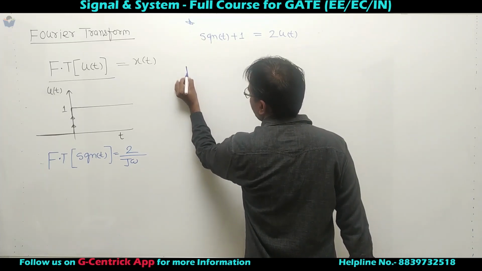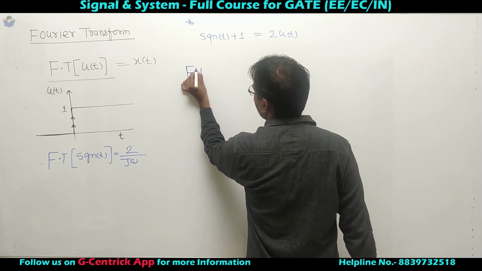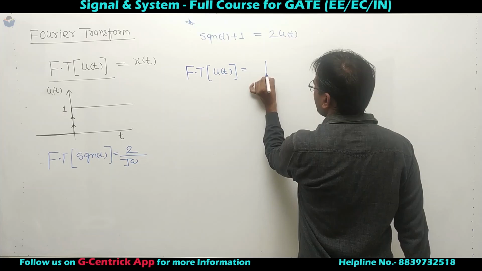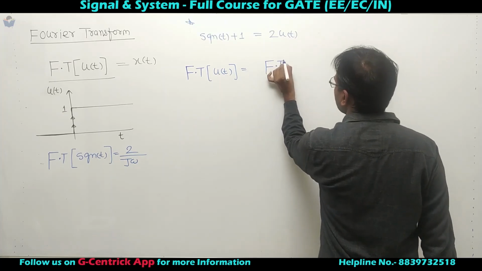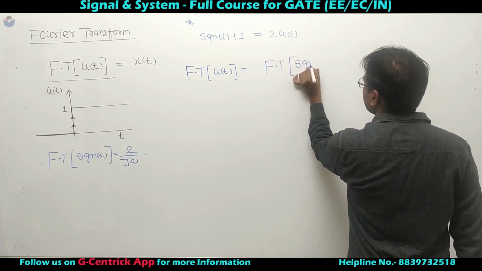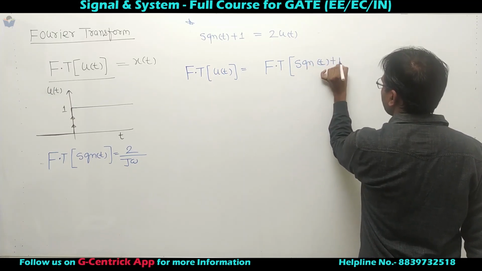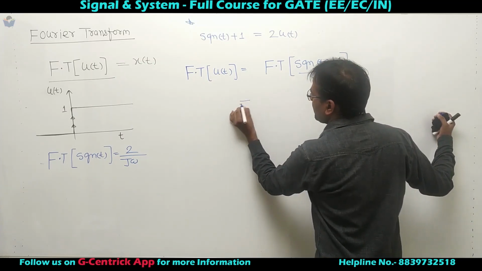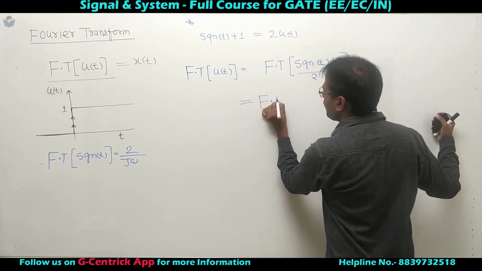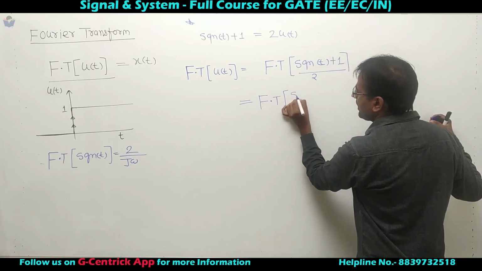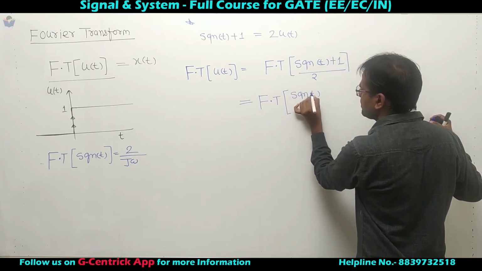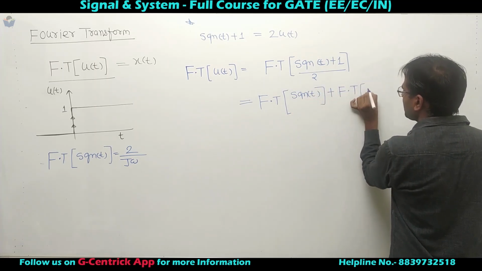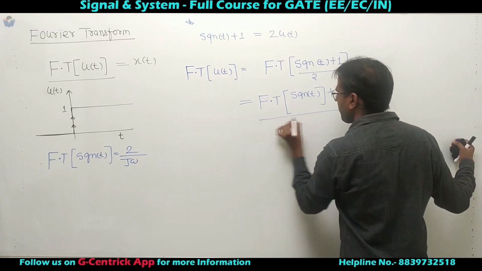So the Fourier transform of u(t) is equivalent to the Fourier transform of (signum t plus 1) divided by 2, or the Fourier transform of signum t plus the Fourier transform of 1, divided by 2.